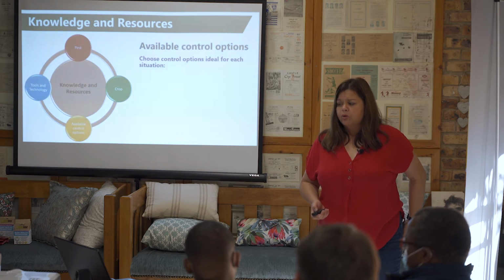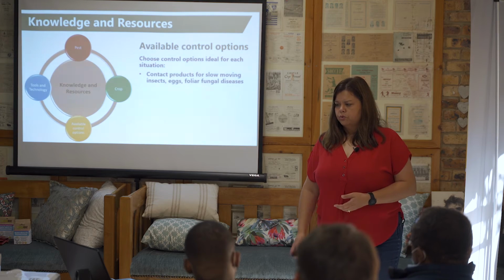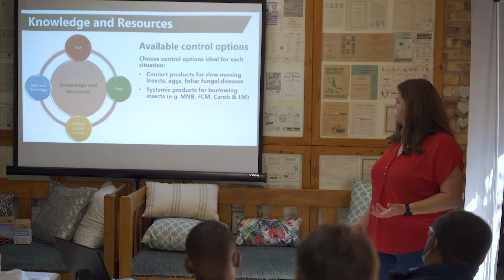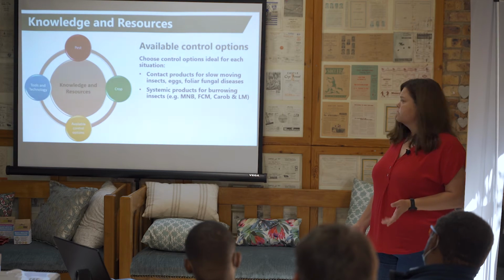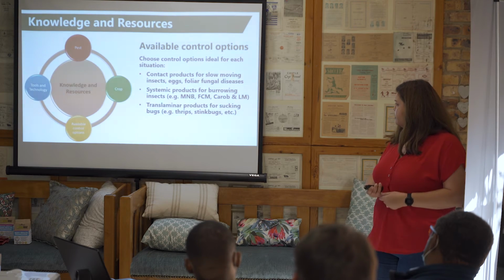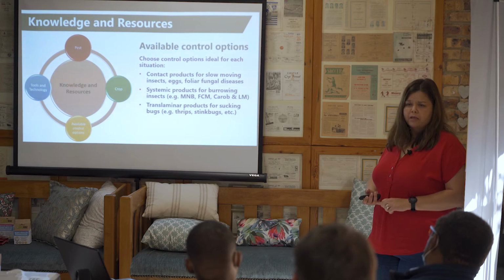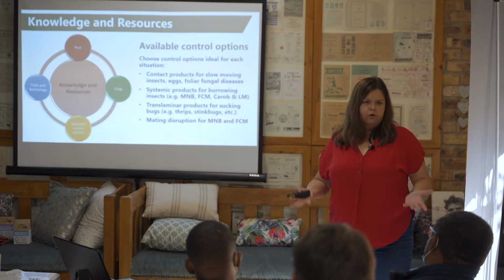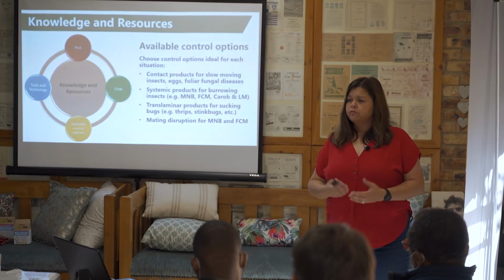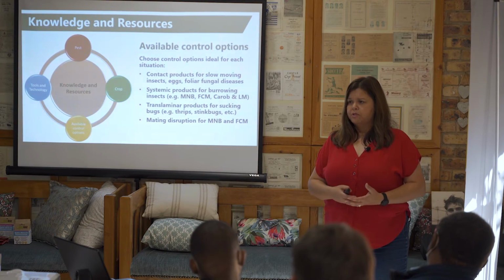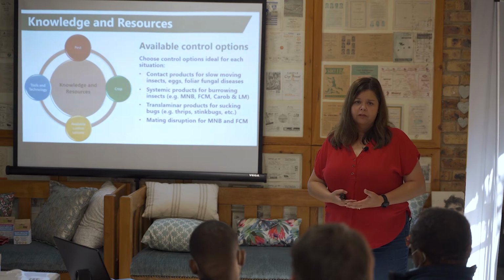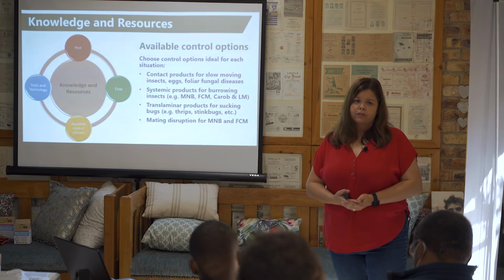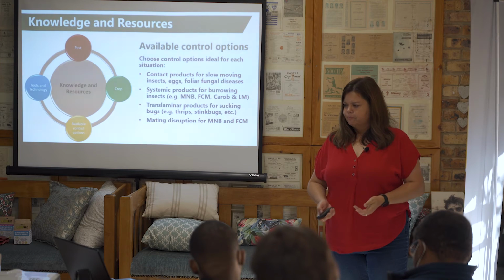So what are the available control options? You've got your contact products, you've got systemic products that can affect burrowing insects, you've got translaminar products that work for sucking bugs, and you've got mating disruption. So there's quite a few options available. Registered, you've got that whole list on SAMAC's website of what products are available to you, and you can make them fit to what suits you the best.